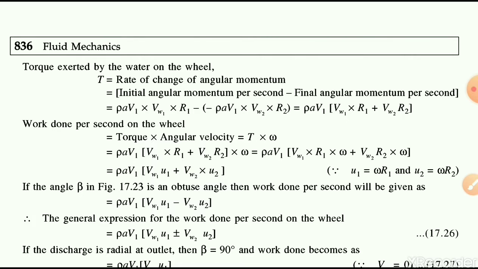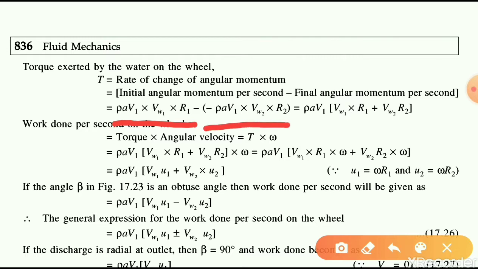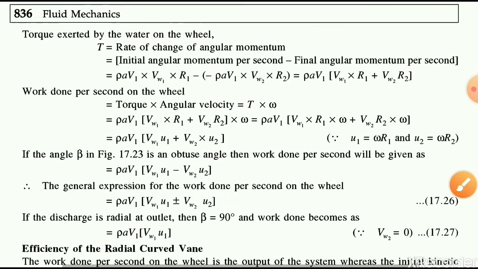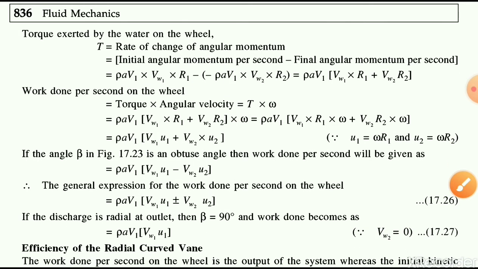The angular momentum at the inlet is rho a v1 vw1 r1, minus the angular momentum at the outlet, which is minus rho a v1 multiplied by vw2 into r2. So this minus minus sign becomes plus. If we take rho a v1 as common, then in the bracket it becomes vw1 into r1 plus vw2 into r2. So this is equal to the torque.